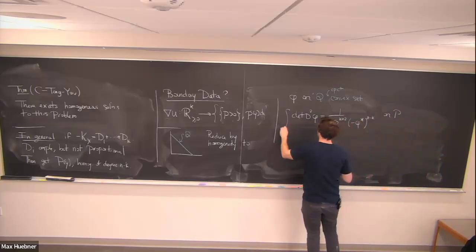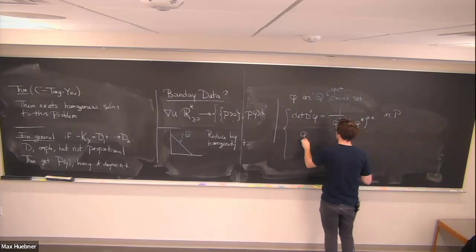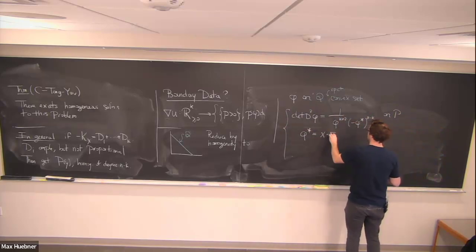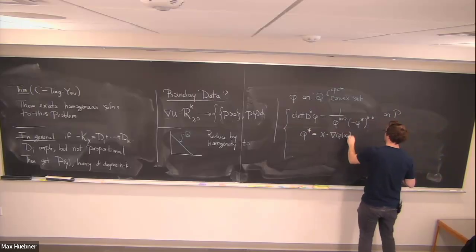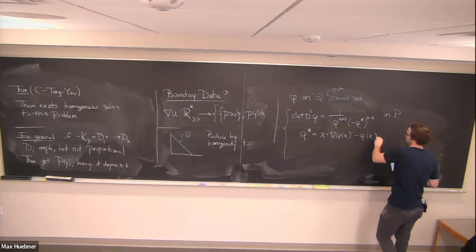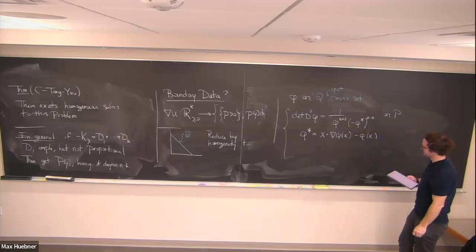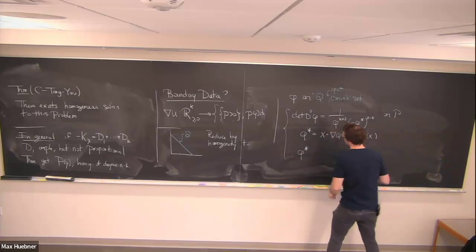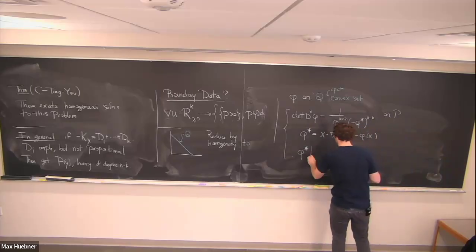Phi star is like the Legendre transform of phi, so it's x dot nabla phi of x minus phi of x. And this comes with weird boundary data, which is not that phi is 0, but that phi star is 0 on the boundary of P.